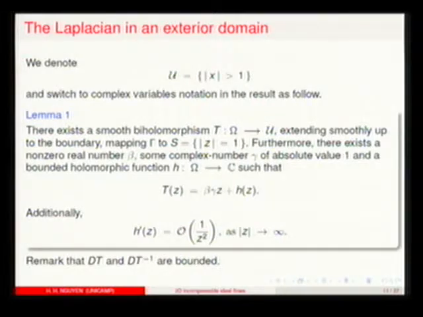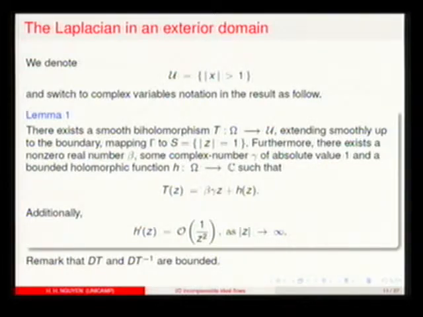Here, we denote U as the exterior of the unit disk, and we can switch to the complex variable notation in this result.